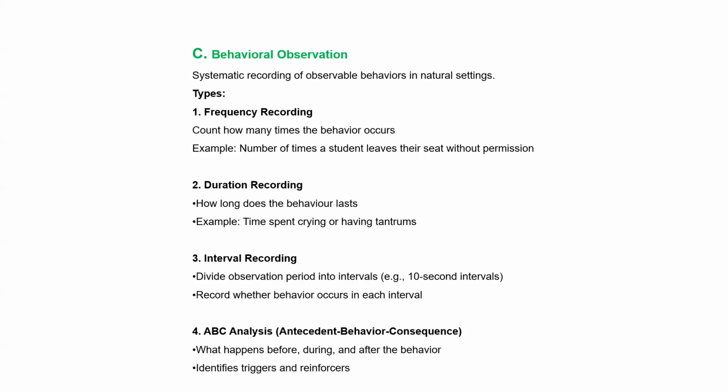ABC analysis: what happens before, during, and after the behavior? For the particular behavior we observe, what happened before the behavior, what happened during the behavior, and what happens after the behavior?